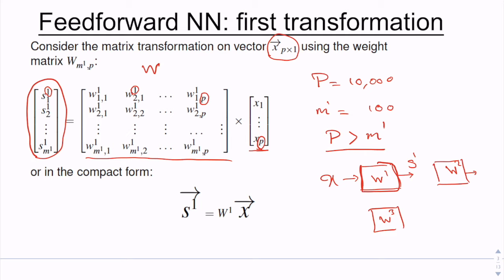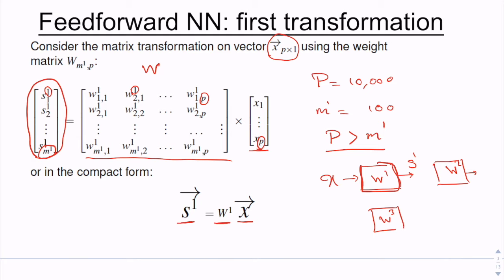For now, we are in the first step, encoding the input feature vector to another vector whose dimension is M1, and the superscript shows that we are in the first step. So in a more compact matrix representation, the vector x is transformed to vector s1, using the transformation matrix W1.